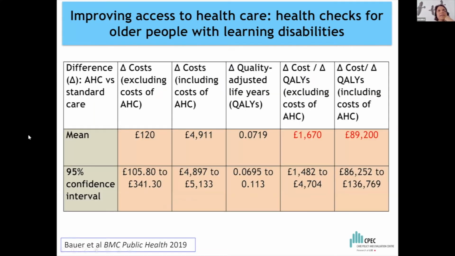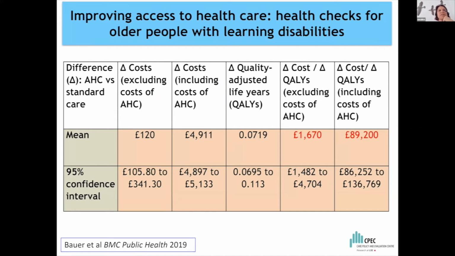So next slide, please. The findings show the cost without the intervention, so without the cost of the annual health checks, and with the cost of the annual health checks. You can see the mean costs are actually quite low.